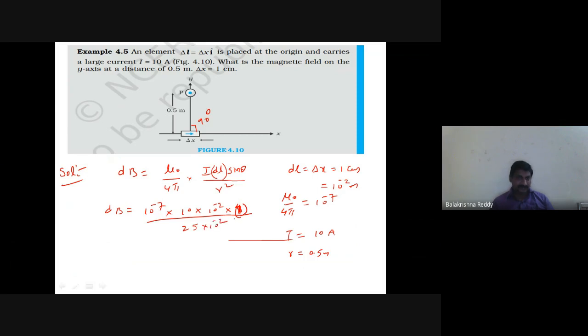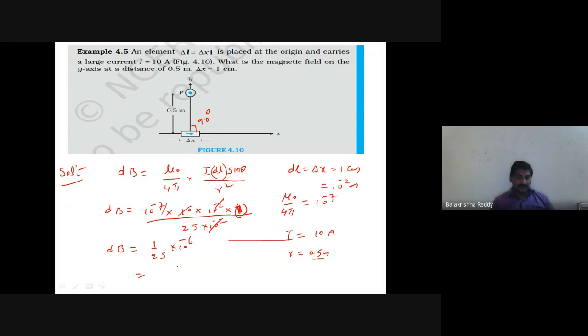Now if you calculate, the 10 to the power minus 2 cancels, and you have 10 to the power minus 7, the 1 is cancelled. So dB equal to 1 by 25 into 10 to the power minus 6.